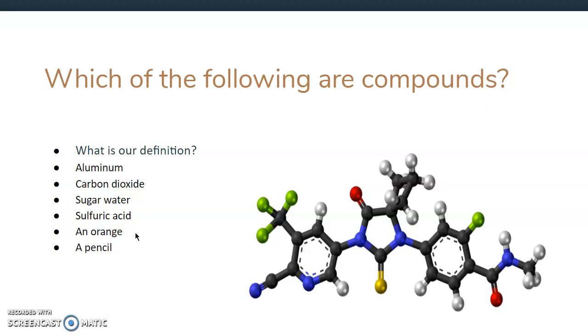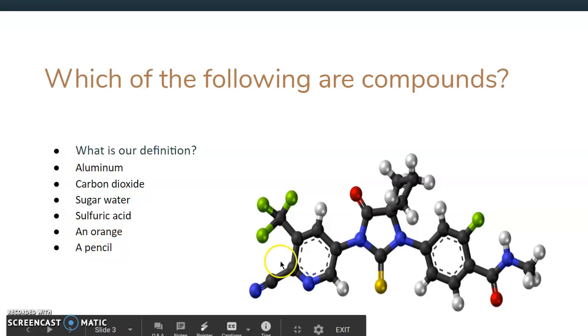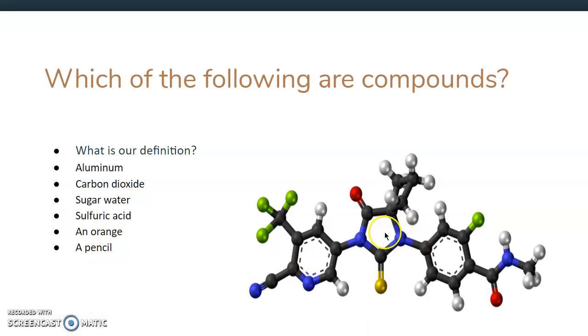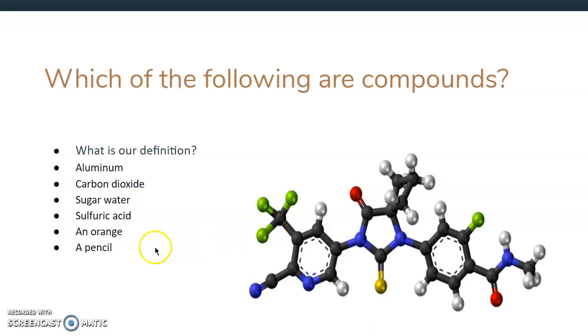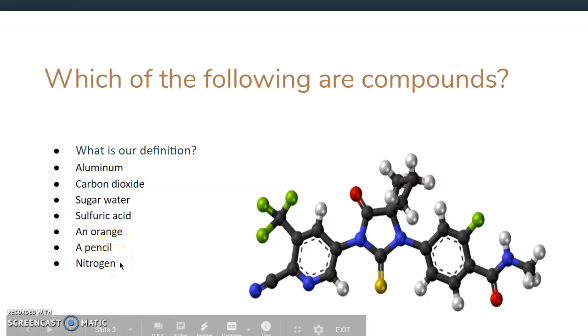A pencil, also a much larger thing than a compound. Compounds are very small and need special equipment to see. Same with elements. So if something is big enough to see with the naked eye, it is usually a mixture. So a pencil is a great example of a mixture. Let's look at nitrogen.